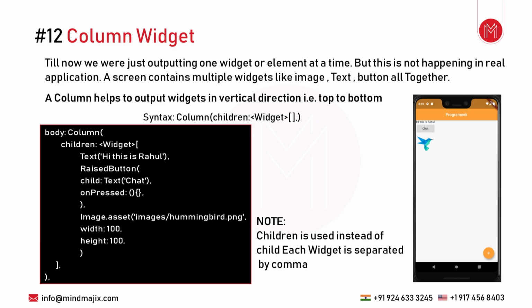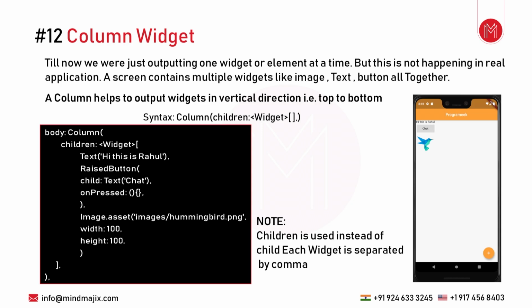The syntax is very simple. We just have to write the widget name, that is, column. But one thing is changed now, because earlier with every widget we were using the child property, but here it's children, simply because we will be outputting multiple widgets, that's why it is in plural form.